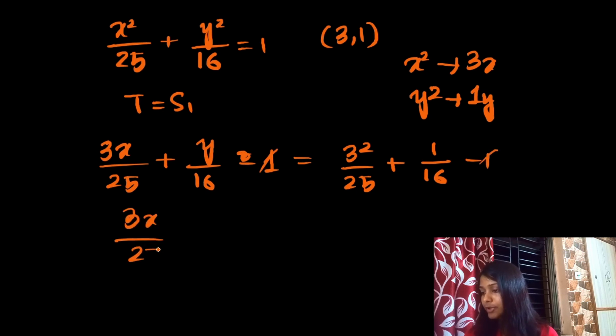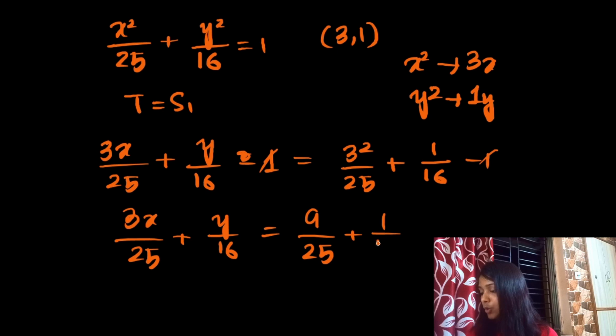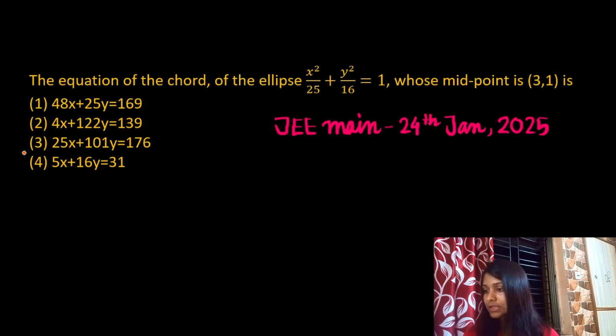So the equation will be 3x by 25 plus y by 16 equals 9 by 25 plus 1 by 16. So let me see the options. So options are in this form. Okay, so we need to simplify it.